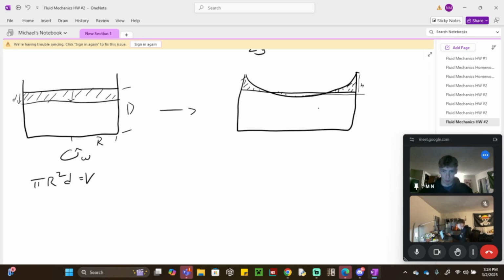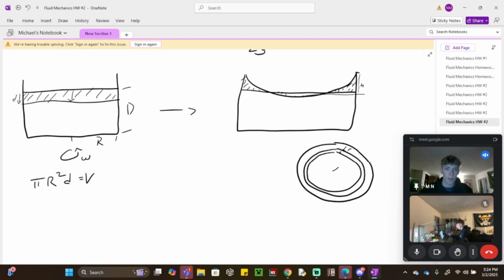We're going to be using the shell method from calculus. So what that does is, if we're looking at it from above, we're going to take these cylindrical cuts of differential thickness dr from a radius of r, and we're going to add them all up together.